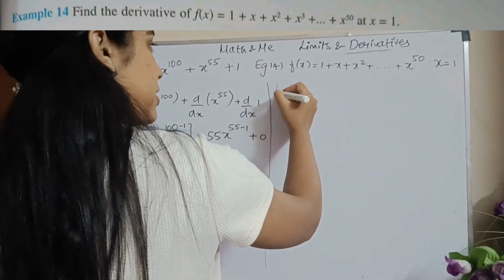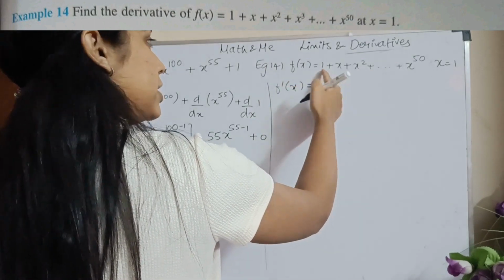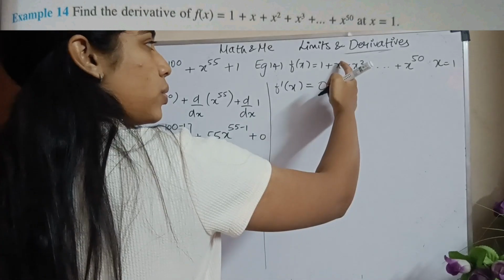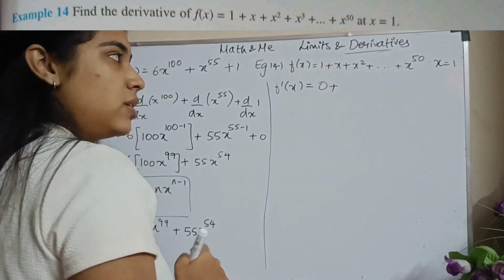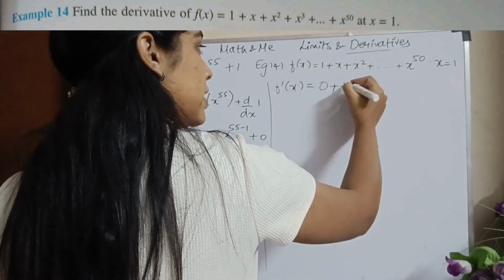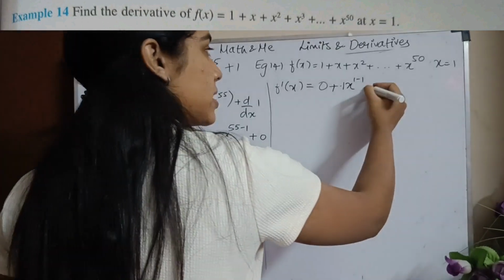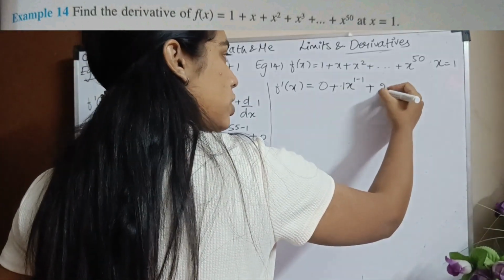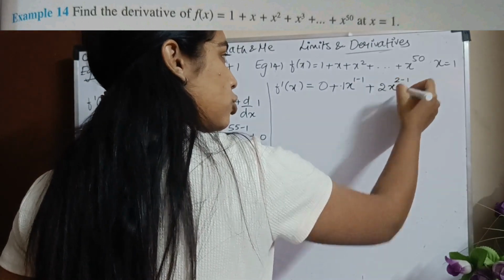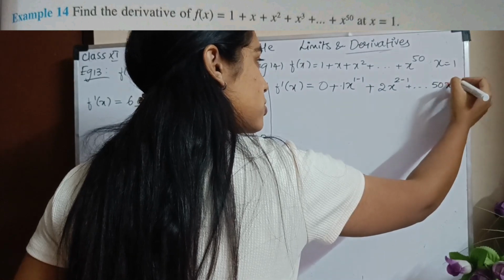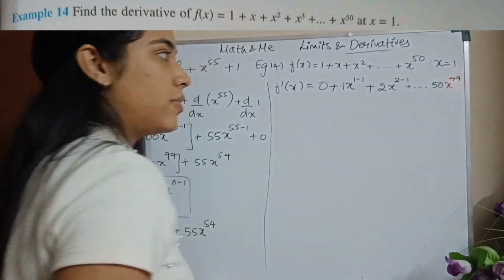We have f of x. So what is f dash of x? The derivative of a constant is 0, plus x. So x is nothing but x to the power 1. The 1 comes down, I'll have x to the power 1 minus 1, the power minus 1. Similarly, what will happen to the next one? 2 comes down, I'll have x to the power 2 minus 1. And so on until 50 comes down, x to the power 50 minus 1 which is 49.